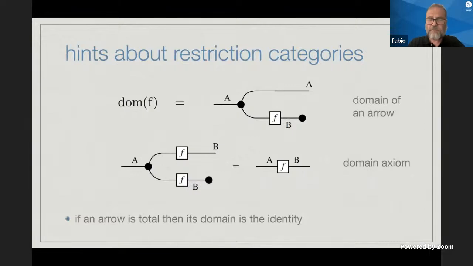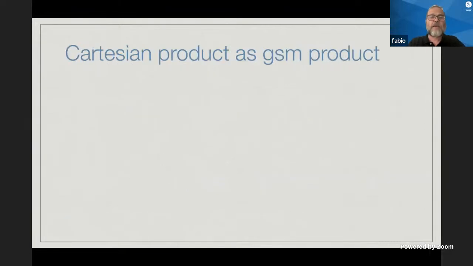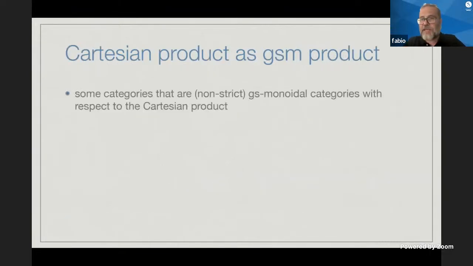Okay. Well, there are plenty of categories where we have some kind of gs-monoidal product. Some of them, in general, have a non-strict product, okay? But it's quite standard to give the axioms for the strict version and assume that the models are actually non-strict.